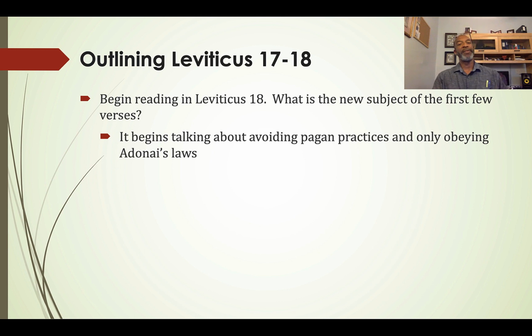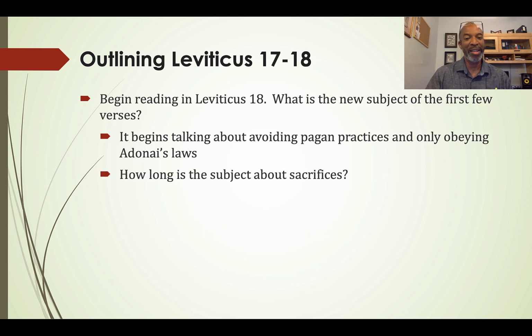All right. So next, we want to look at chapter 18. We'll start reading chapter 18, and we're going to see that there is a new subject. What's the new subject for the first few verses? Basically, Moses begins by talking about avoiding the pagan practices and only obeying Adonai's laws.